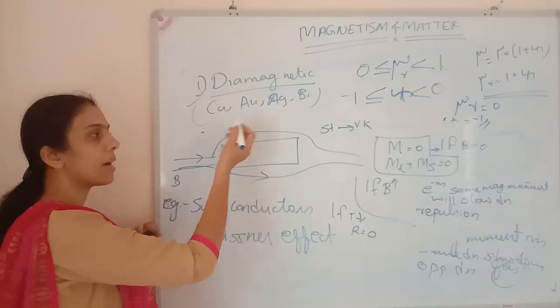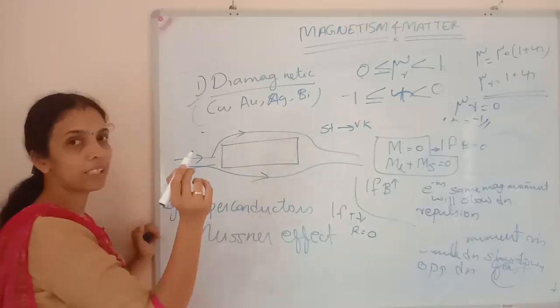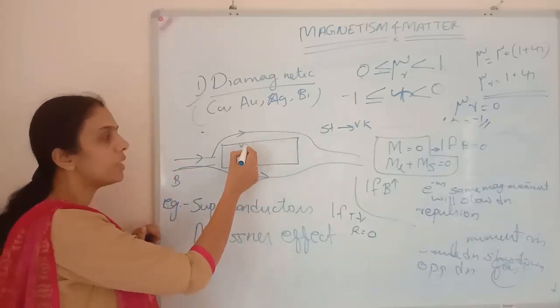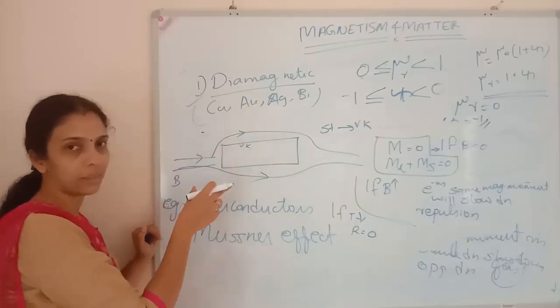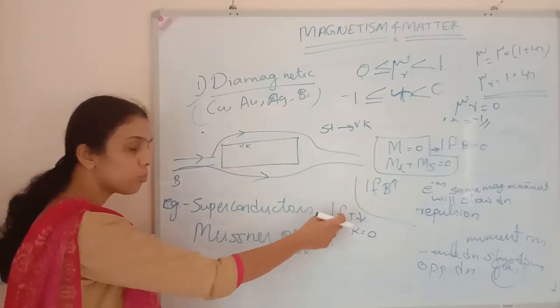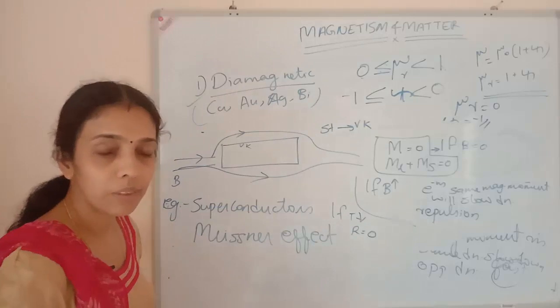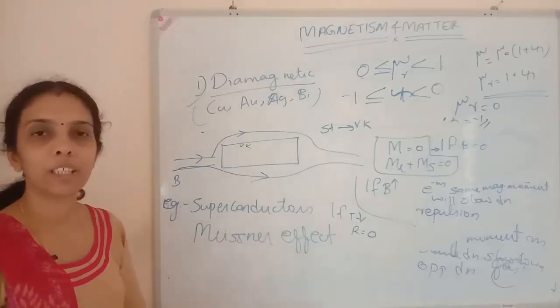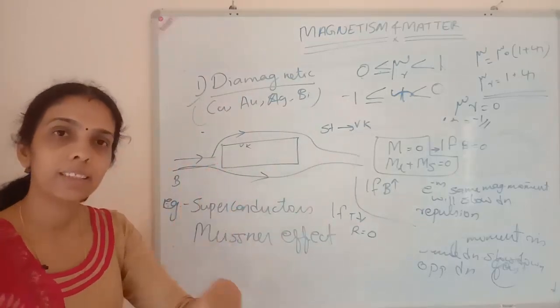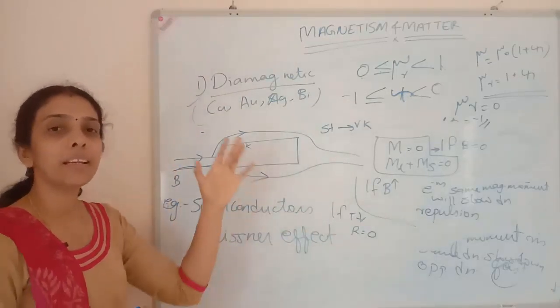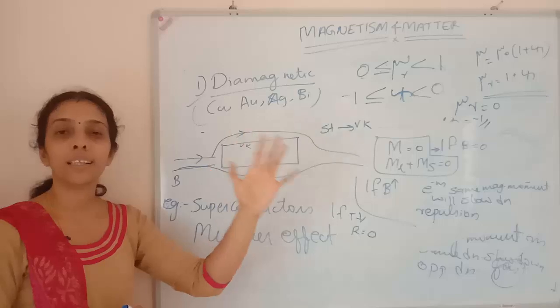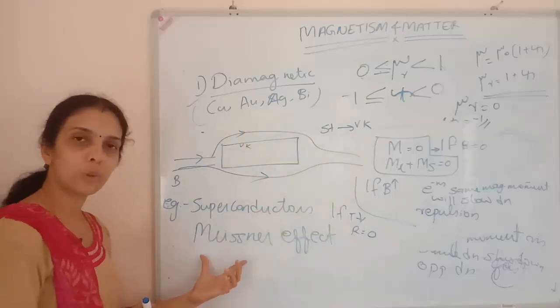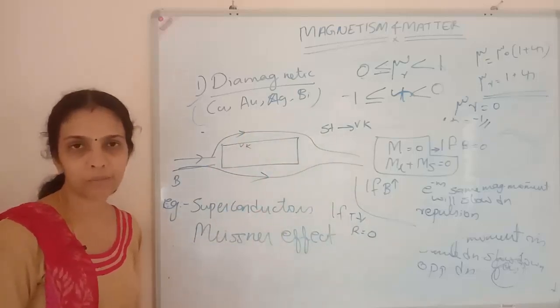In all diamagnetic materials, this complete repulsion won't happen; a weak magnetic field will be there inside. But in the case of superconductors, as the temperature reduces, the resistance will become equal to 0. They will be very good conductors, and it is a perfect diamagnetic substance. This property is known as the Meissner effect.